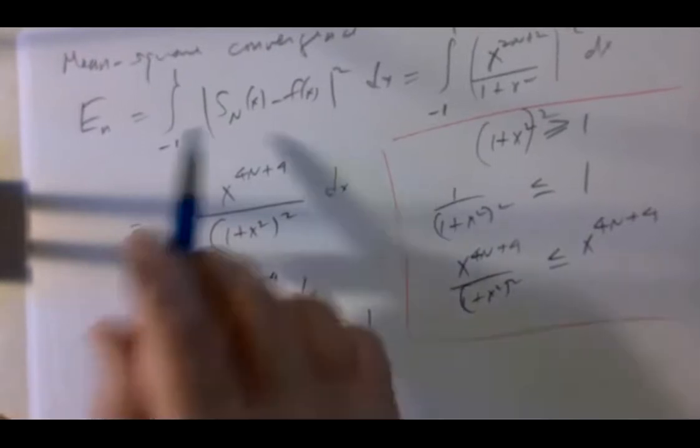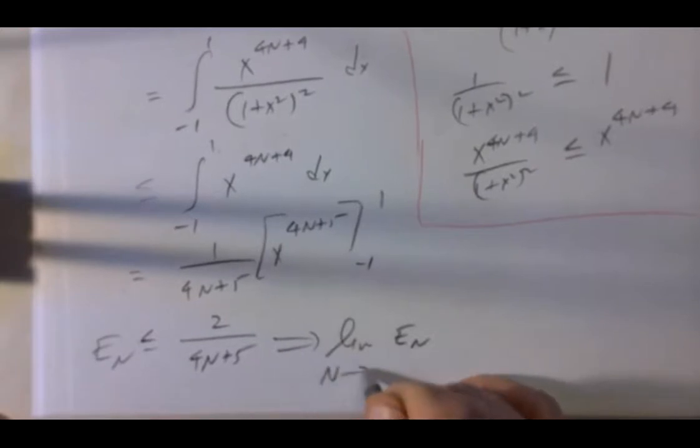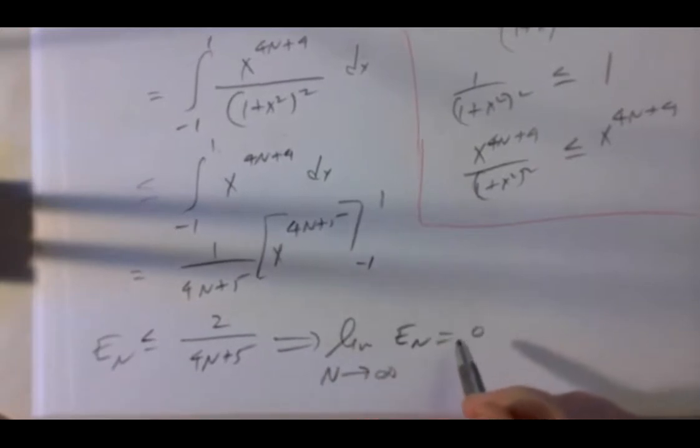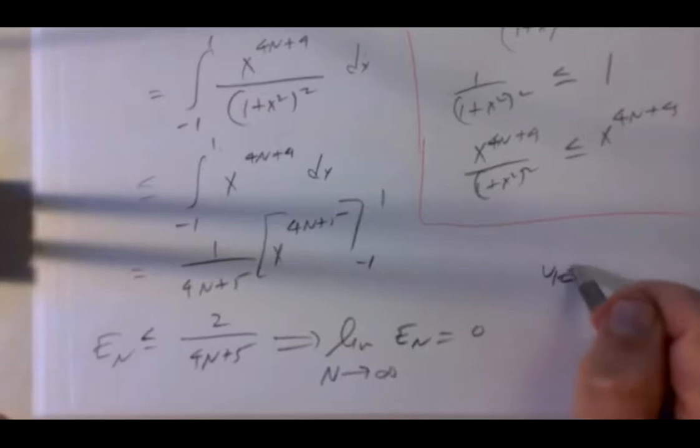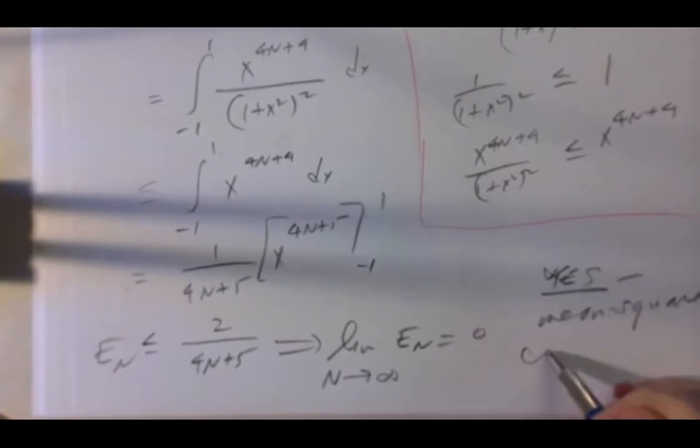So this is equal to 2 over 4n plus 5. So this mean squared error is bounded above by this, which means the limit of En as n goes to infinity is 0. And so we can say, yes, we do have mean square convergence.